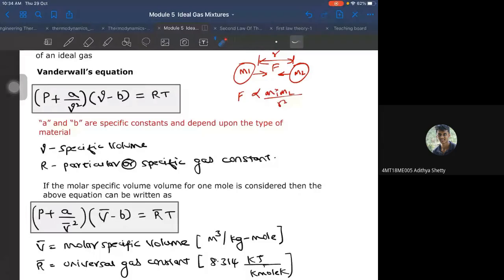Muhammad Khalid, can you just repeat the first form of the Van der Waals equation? Not there. Okay, Ritesh Kumar.